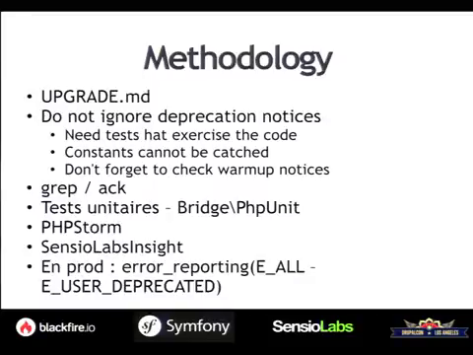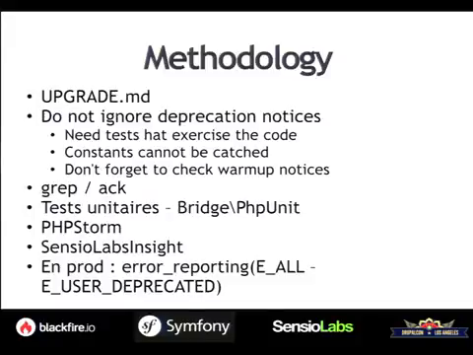This is the methodology that you can take for your own project if you depend on Symfony. You can read the upgrade file. You need to read all the upgrade files from all the versions of Symfony to upgrade your code, starting from 2.3. You must not ignore any notices. That's why we have the PHPUnit bridge. Of course, you need tests on your code to make it work.